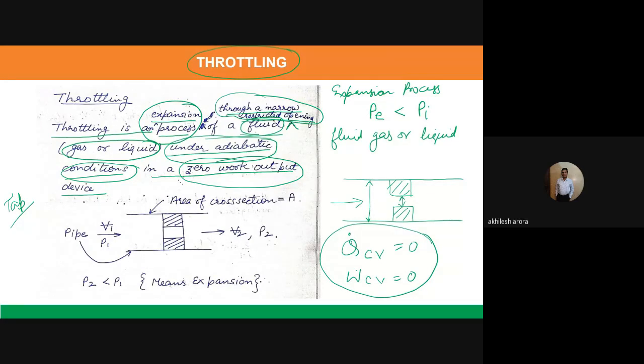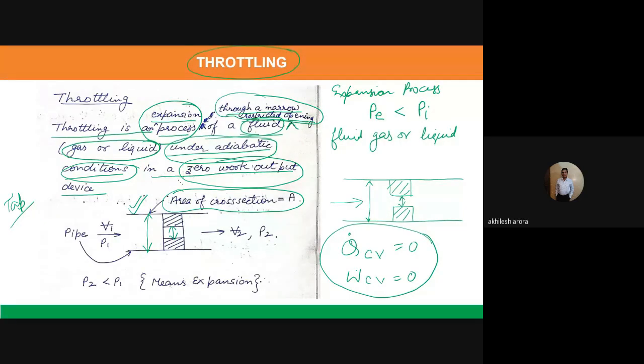This is the sketch actually. You can say this is the area of cross section, equal to A, and this area of cross section is here at this particular point, and here the area is reduced, so it has been restricted. And this is the pipe which I have considered here.